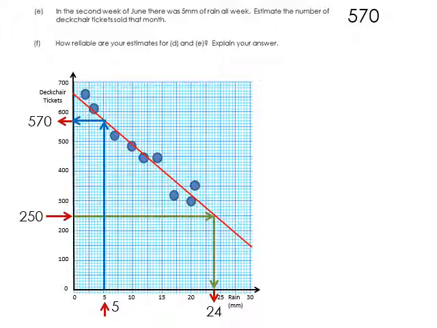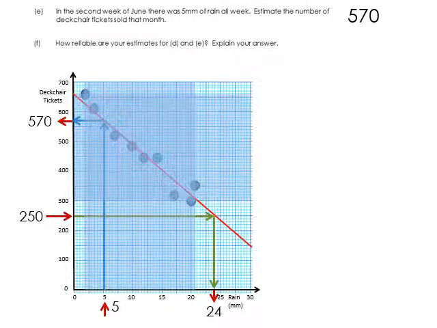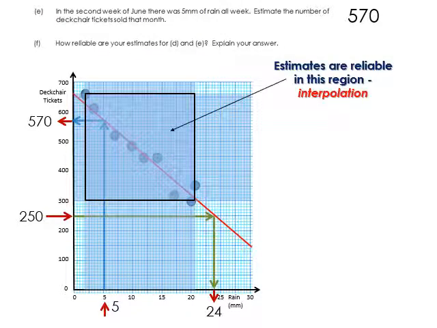Explain your answers. So again, the region where all the points are plotted is going to be accurate. Okay, so anything taken from there is what we call interpolation. So estimates are reliable in this region, interpolation.